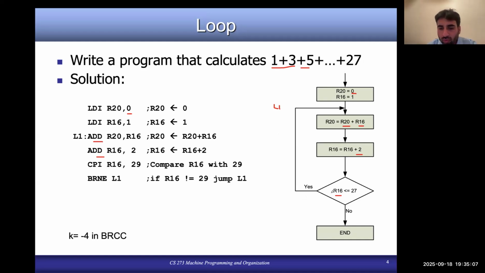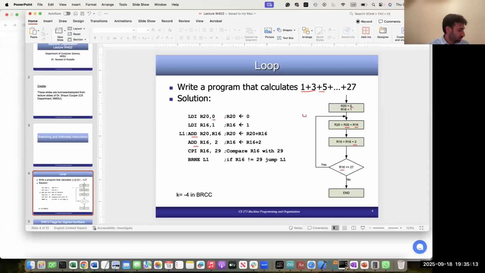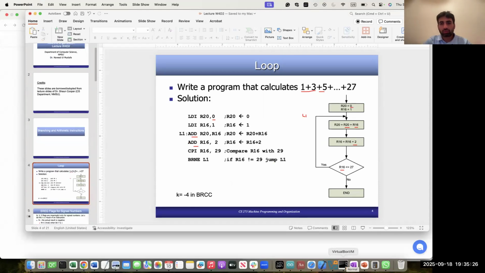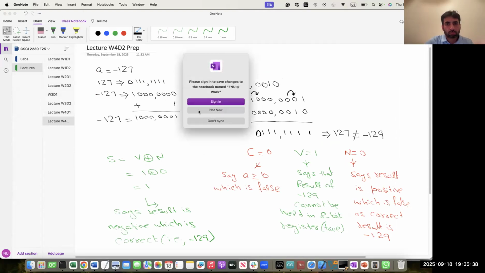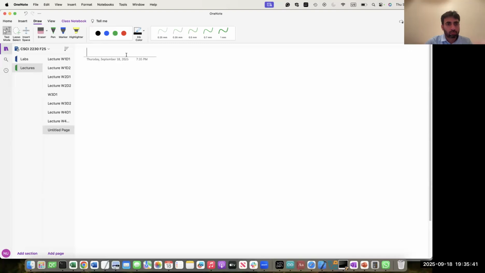If you want, I can rewrite the condition in a different way, but necessarily saying the same thing. Instead, we can compare R16 against 29.